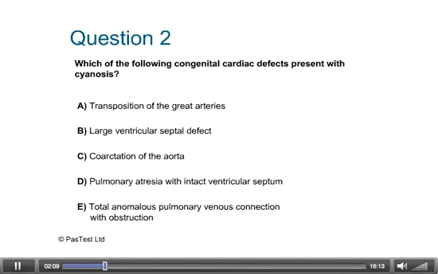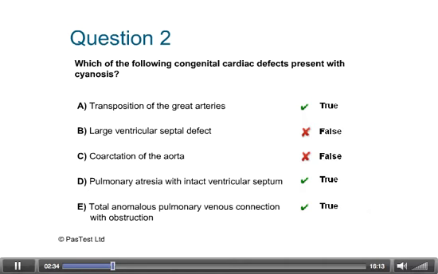Question 2. Which of the following congenital cardiac defects presents with cyanosis? The answers are, as you see, given, and we've dealt with some of these in the previous lectures. I just want to mention 2 conditions.